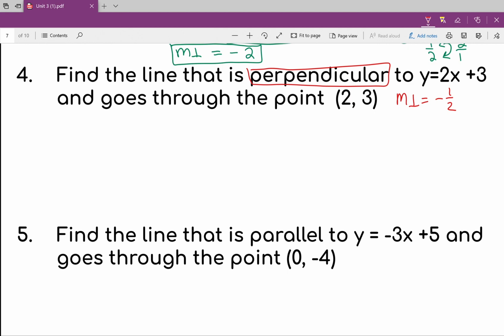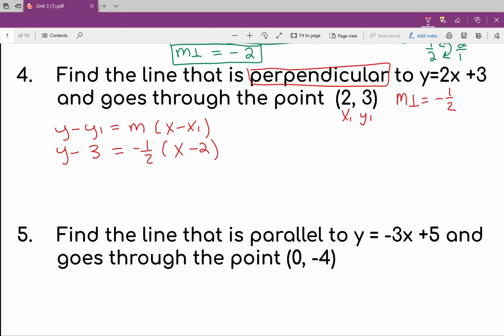And remember, this point is just (x1, y1). Now we're going to use the point slope formula: y minus y1 equals m(x minus x1). We have y minus 3 equals negative 1/2 (x minus 2). Remember, this should not be new to you. We've studied this and we've tested over this.